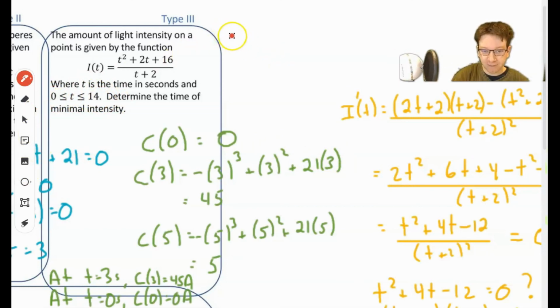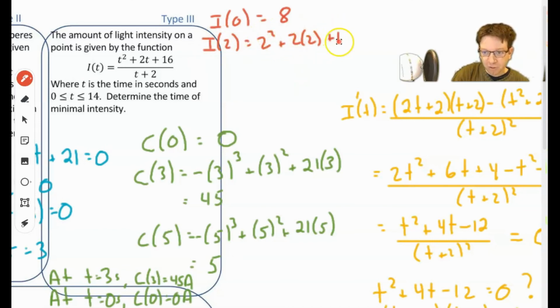So let's try first 0. 0 is an easy one to test. We just get 16 over 2, which gives 8. Now we'll do our horizontal tangent. I at 2: 2 squared plus 2 times 2 plus 16, all over 2 plus 2. And that gives us 6.